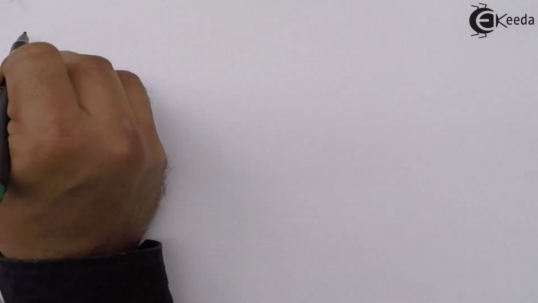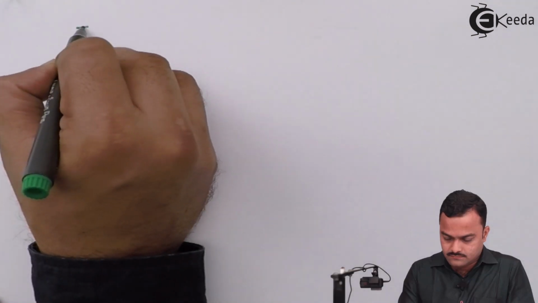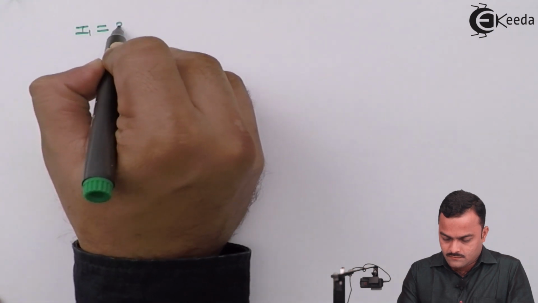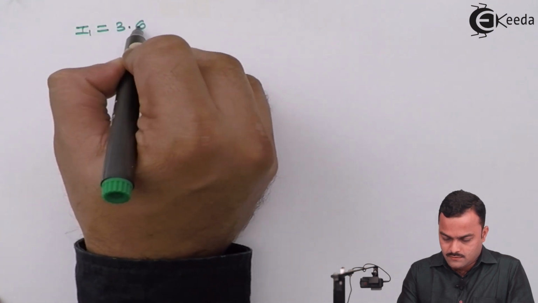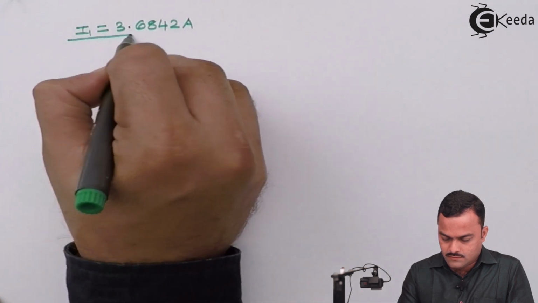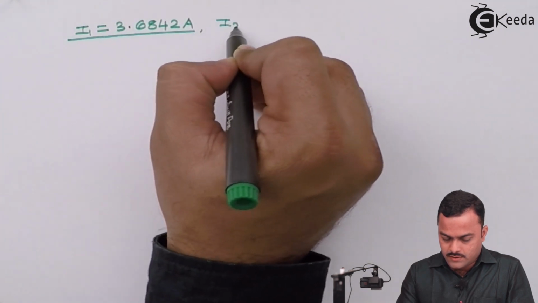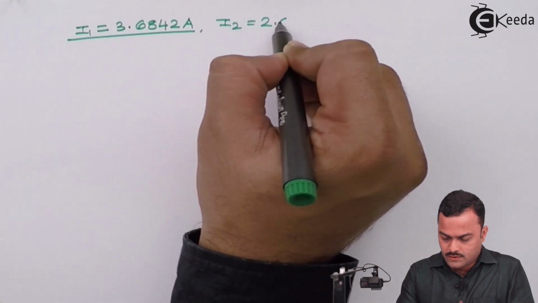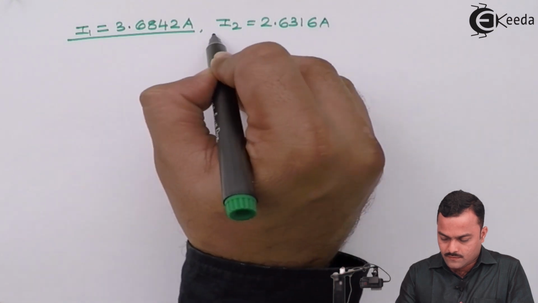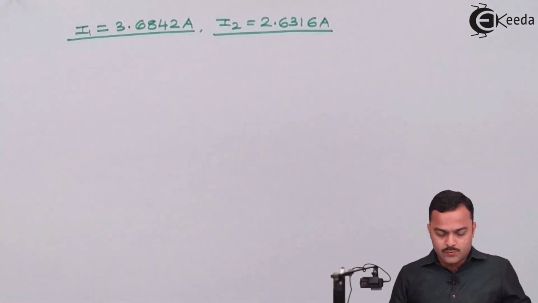So we will get I1 as 3.6842 ampere and I2 as 2.6316 ampere. But what are we supposed to get?